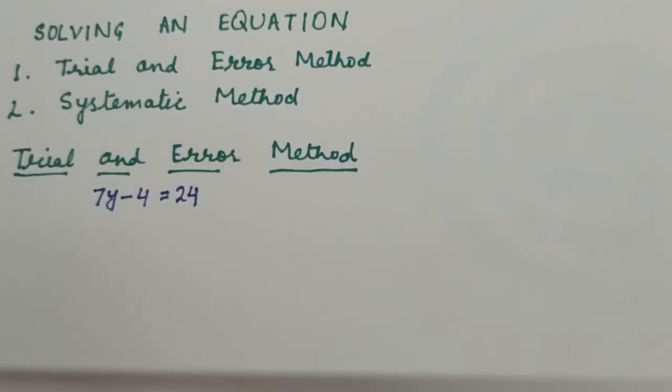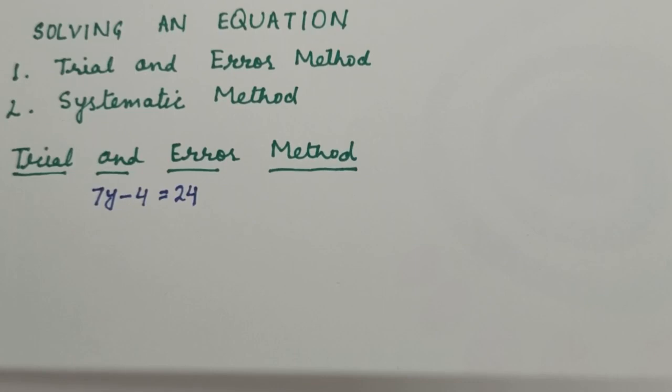In this method, we have to try different values for the variable. Here the variable is y, so we will put different values of y in the equation and check whether the left hand side comes equal to the right hand side.